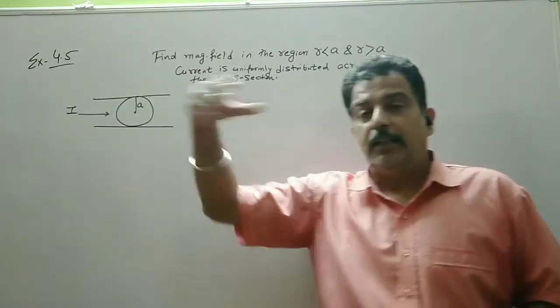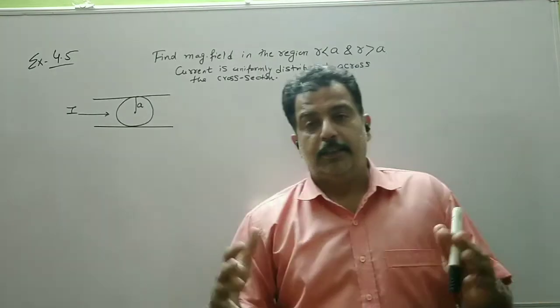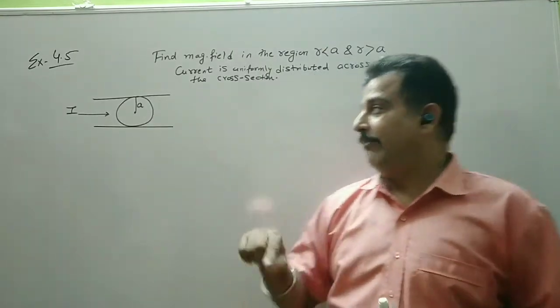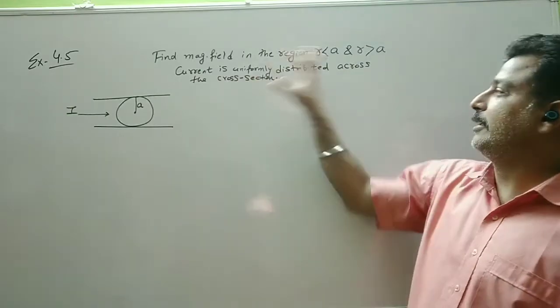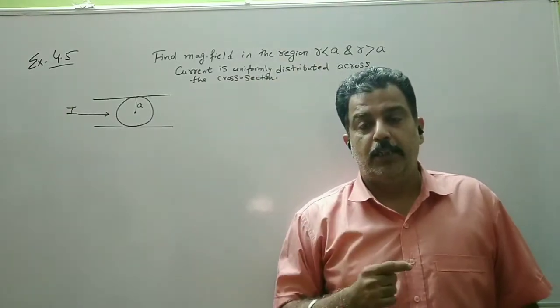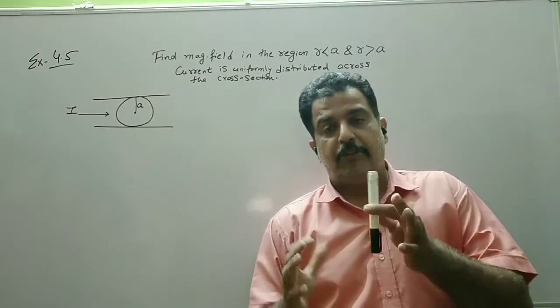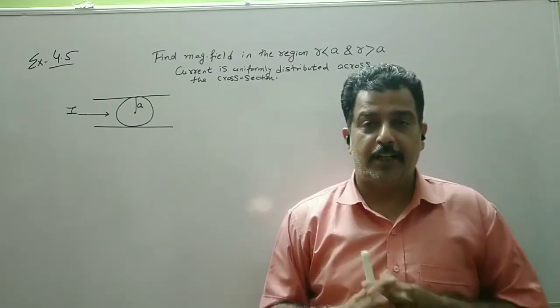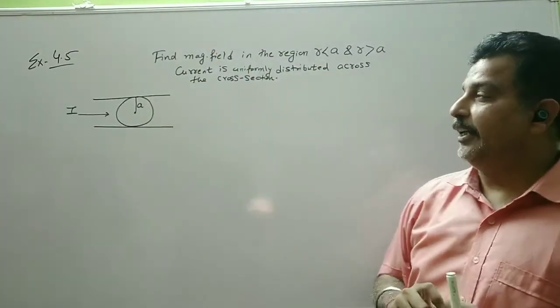It means, let us assume it is a solid cylindrical wire having radius A. So here it is given that current is uniformly distributed across the cross section, means we assume that the wire is solid cylindrical and the radius of the cross section is A.